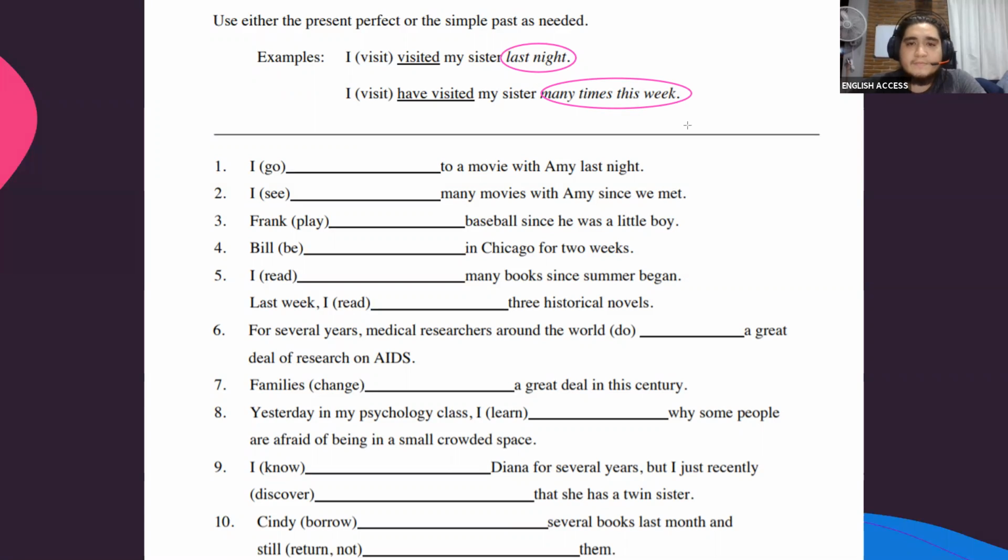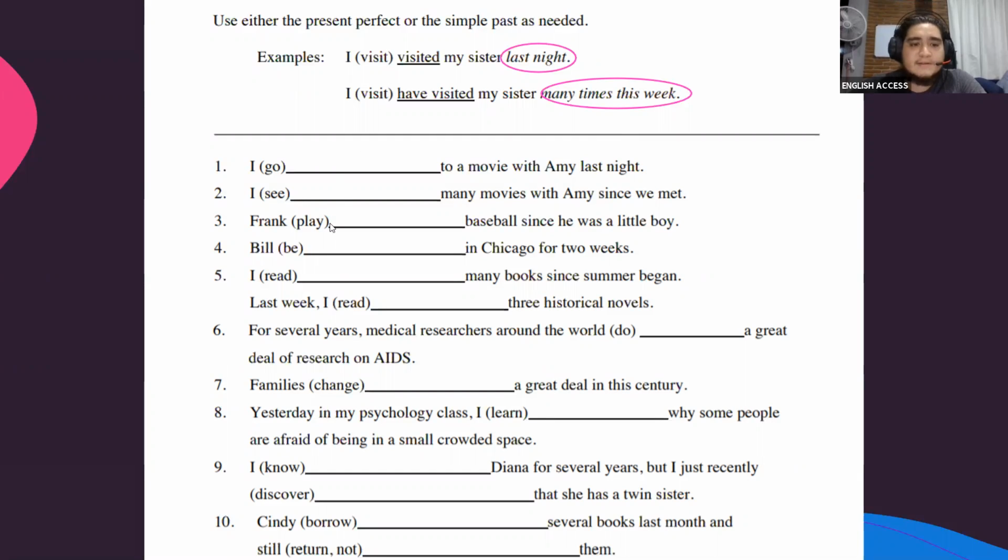This is not just one action in the past, and this week hasn't ended, or that's what can be inferred from this. Different from the first sentence, last night is a concluded action in the past. It happened last night, okay? Yes? All right, good.